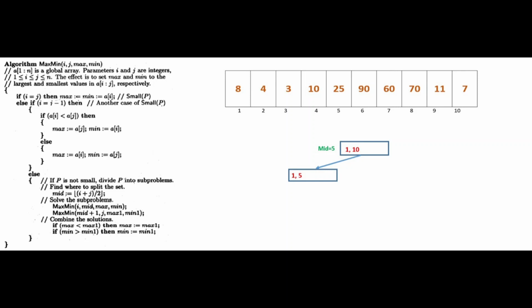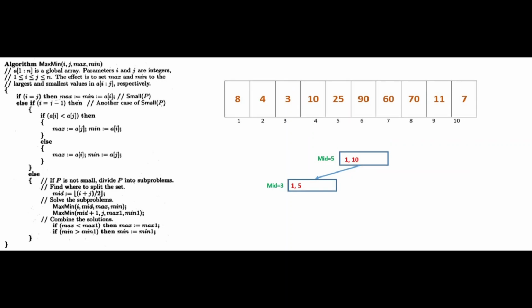So we go to the last block of else. First we have to find the mid value. Mid is equal to (i plus j) by 2, (1 plus 5) by 2, 6 by 2 is equal to 3. Mid is equal to 3. Okay, we found the mid value.